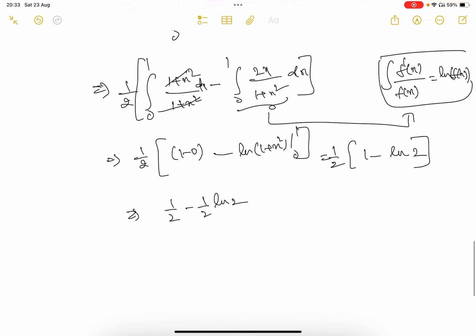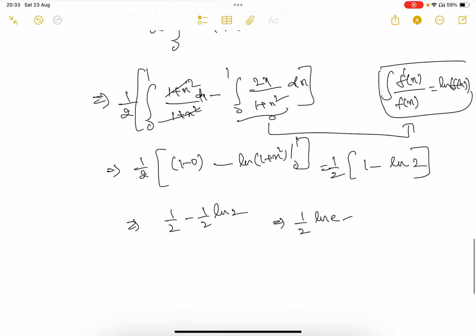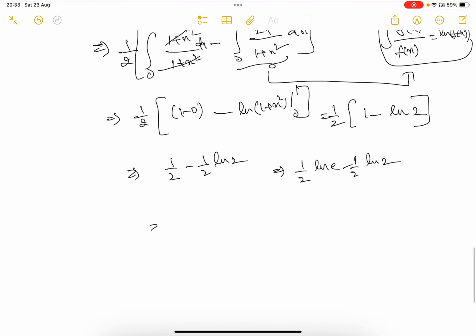You can more simplify it. I mean, you can write this as half ln e, which is 1. This will be minus half ln 2. This is half of ln of e by 2. You can write it as ln of root e by 2. Fine.